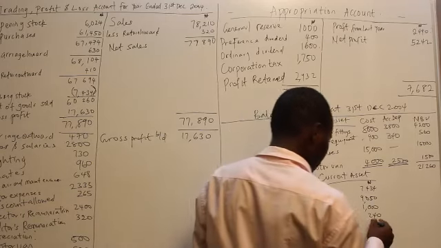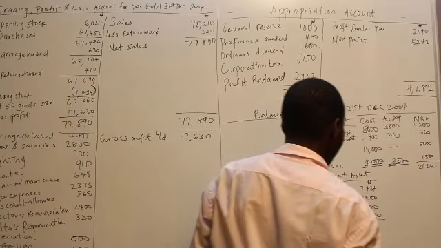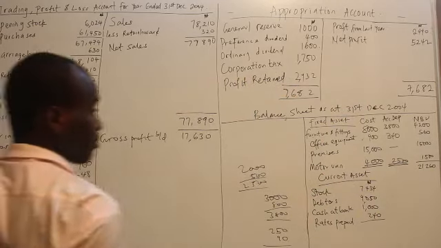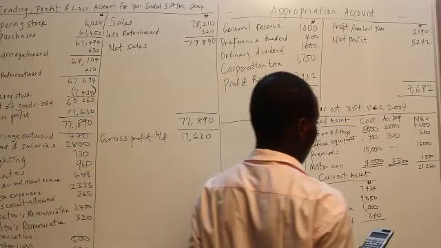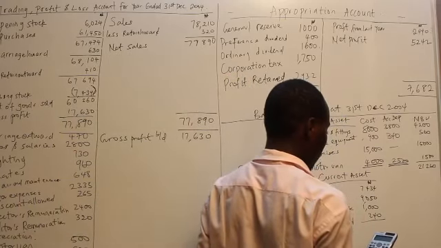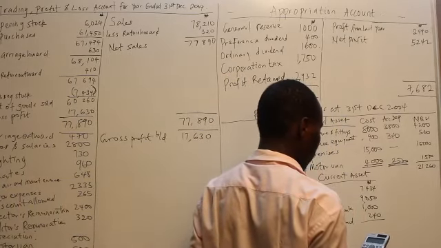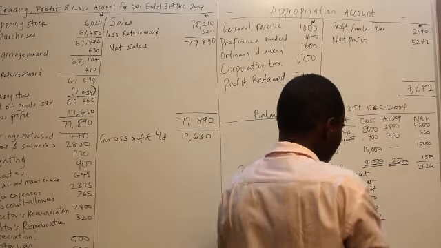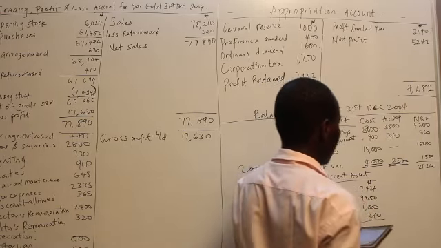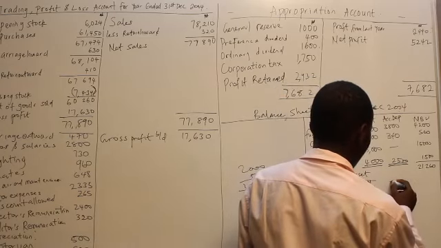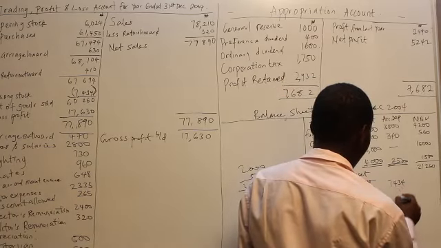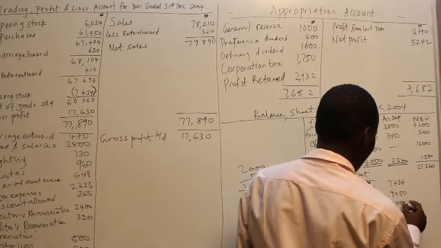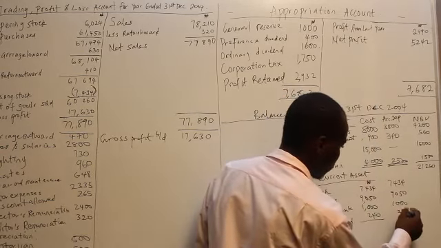So let's add everything together. To avoid confusion, I write it here: 7,434, 9,050, 1,000 naira, and 240.